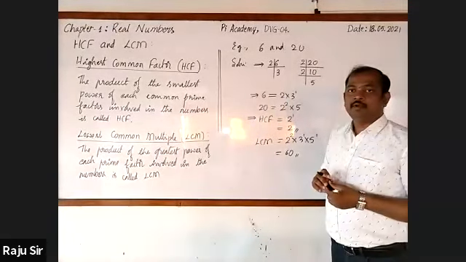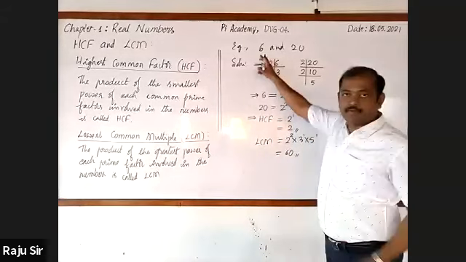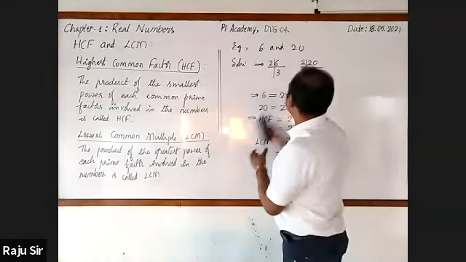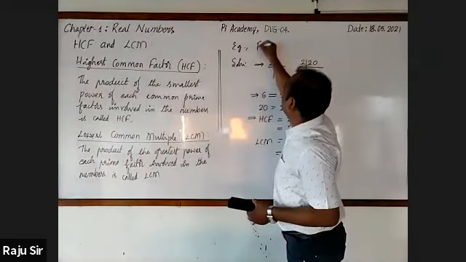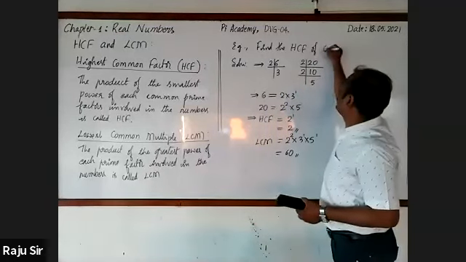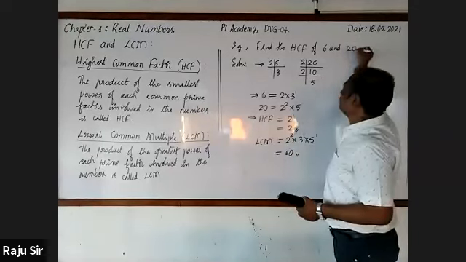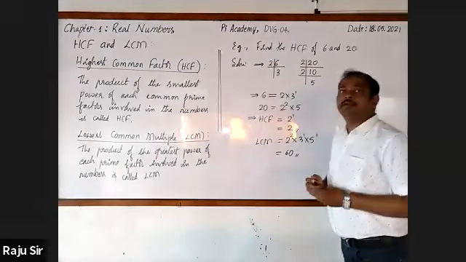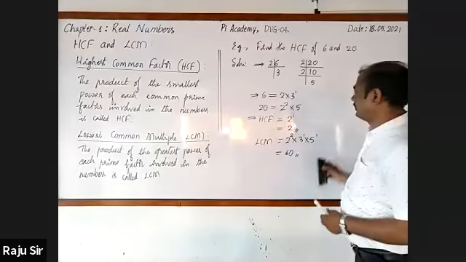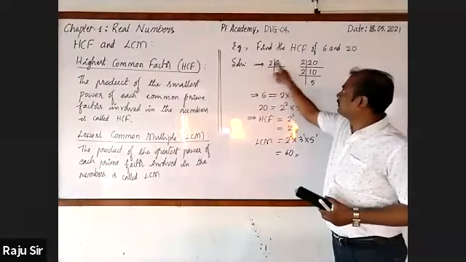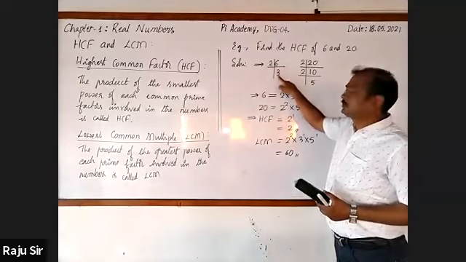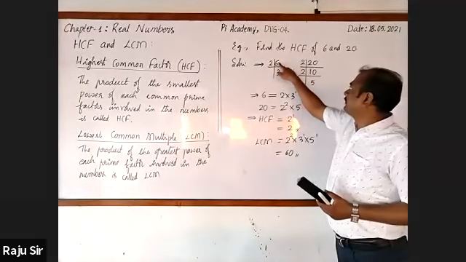Good enough? Okay, just take this example. Find the HCF of 6 and 20. First step, find out the prime factorization of each of these two numbers. 6 as 2 3s are.